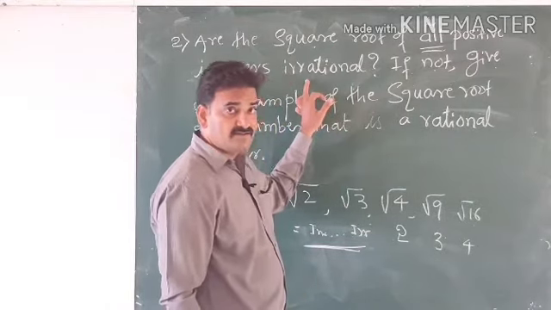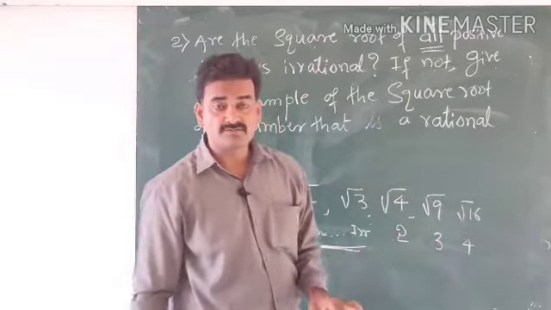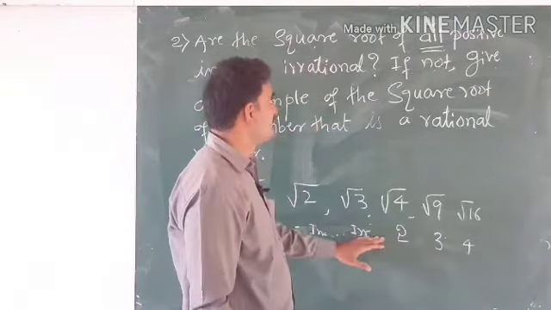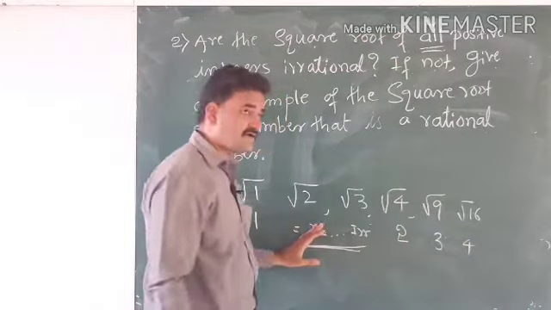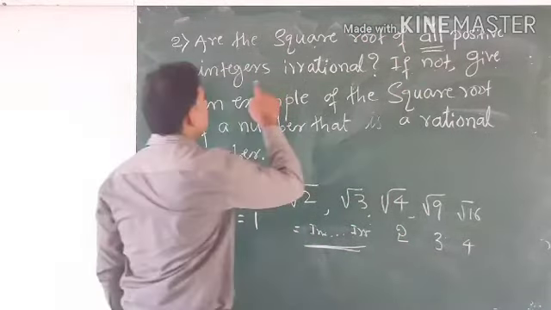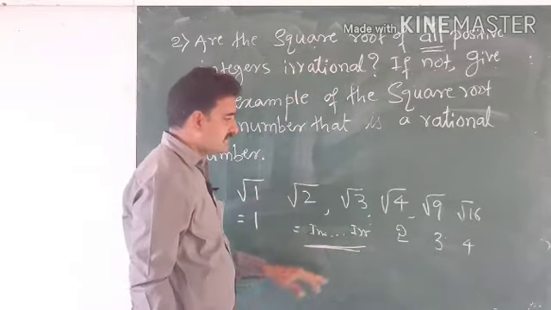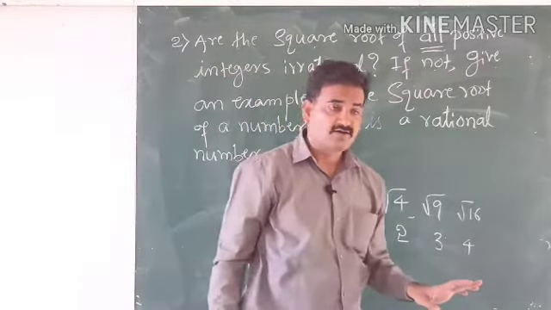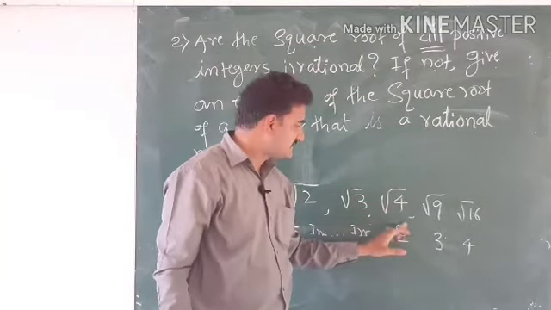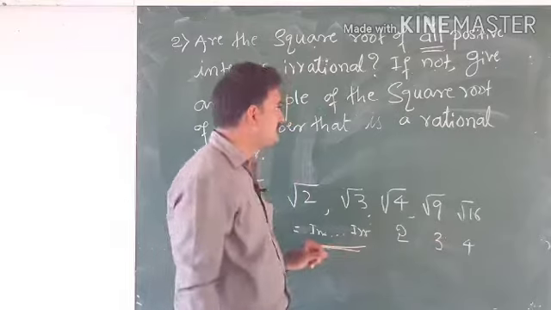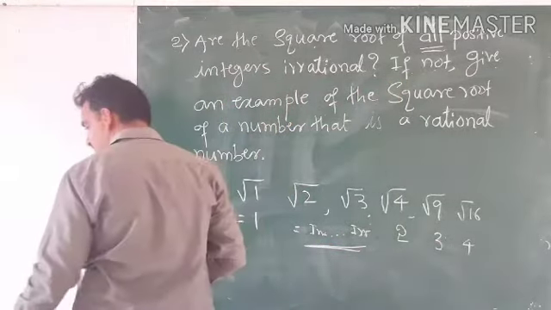But root 4, root 9, root 16, root 25, these are all rational. He asked whether square roots of all positive integers are irrational. All are not irrational. Some are rational also. If not, give an example. I have already given examples.